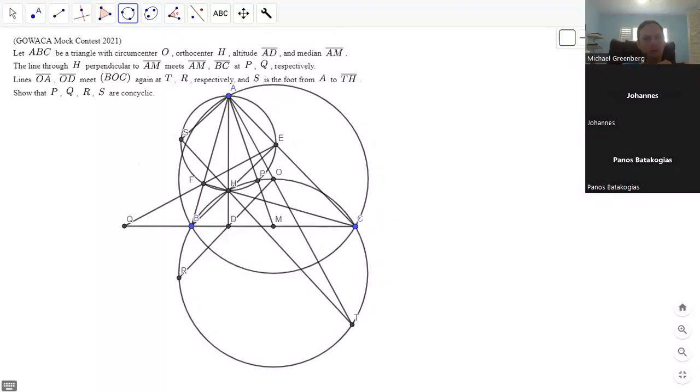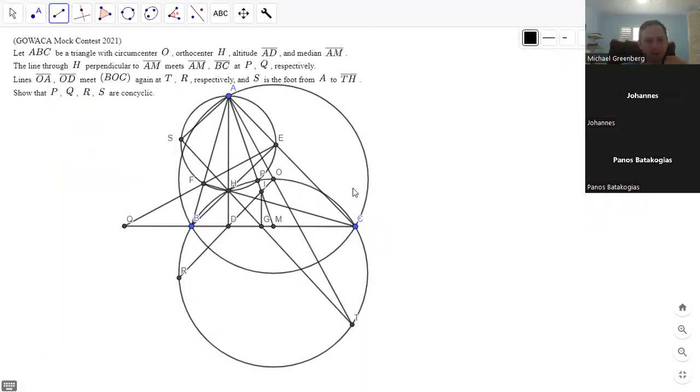So there are two more points that appear to lie on a circle with P, Q, R, S. One of them is the intersection of TS with BC. And the other one is the intersection of AM with OD. And if we connect these two points, that line is also perpendicular to BC.